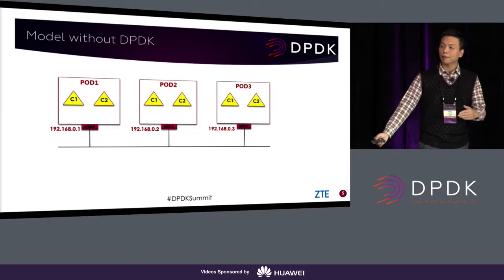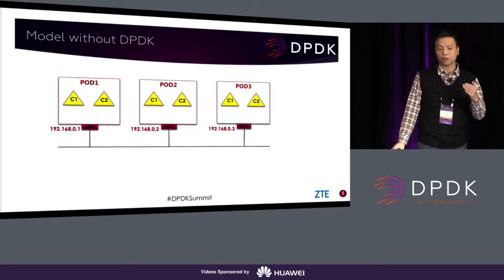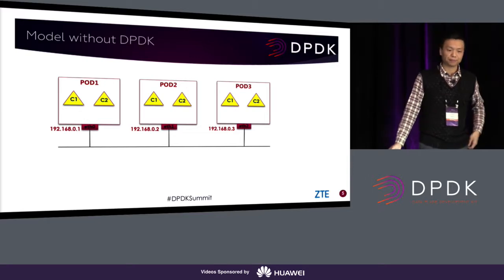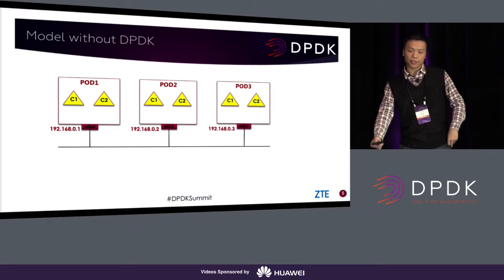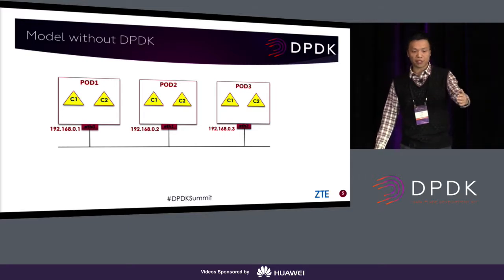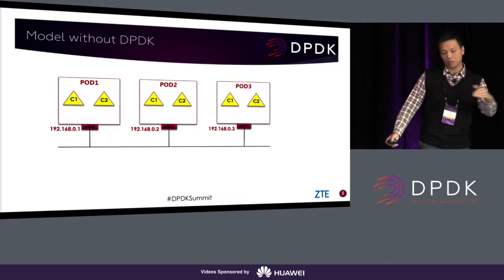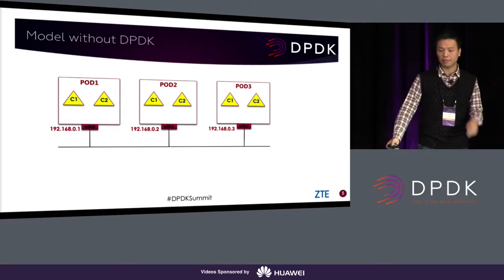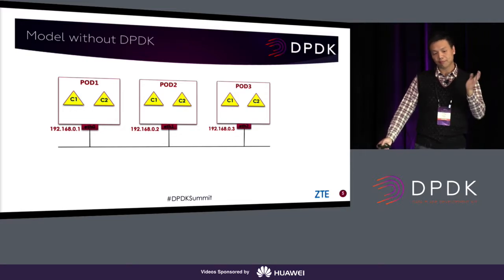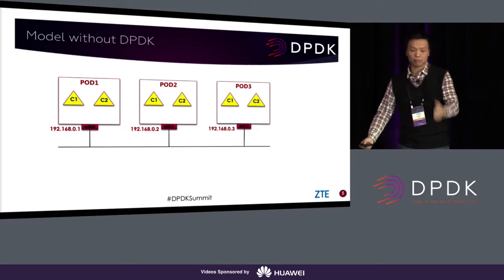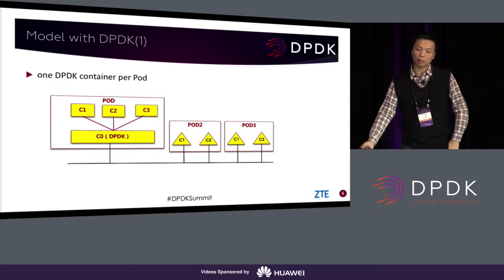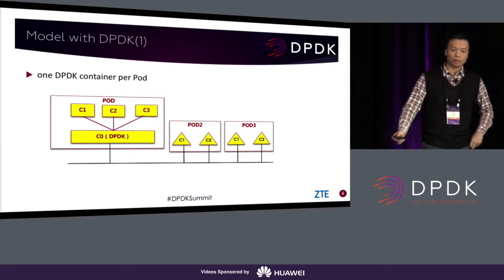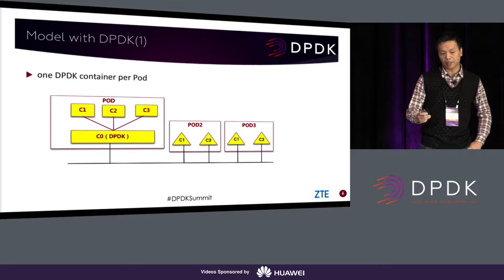Now, we'll see how we use DPDK in our Paas. The first is the model without DPDK. We can see that between the containers in port 1, port 2 and port 3, the traffic will cross the Ethernet. The performance is low. And the model with DPDK, this one we use container 0.